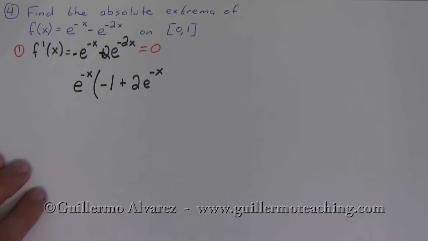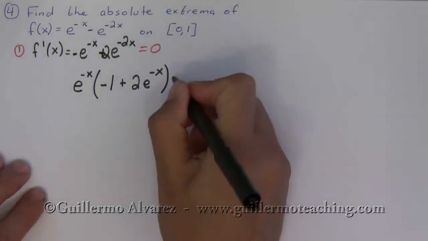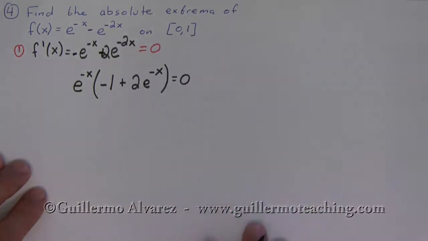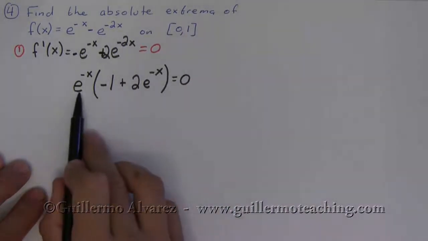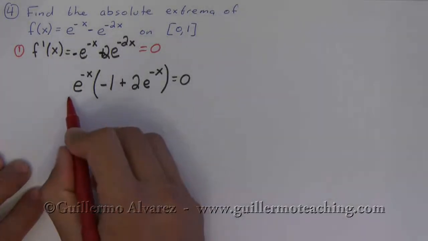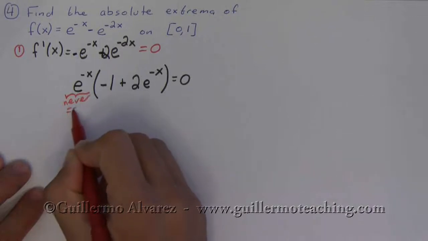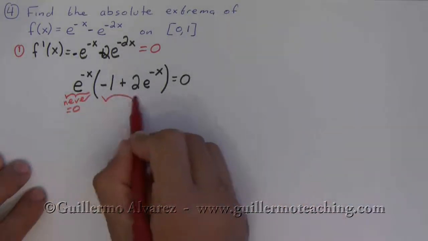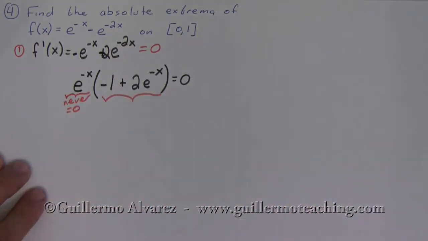Okay. And we need to figure out when this guy is equal to 0. Well, we know that e to the -x is never equal to 0. But we can solve this guy inside.